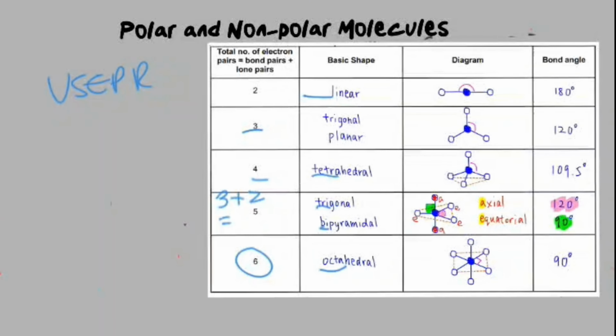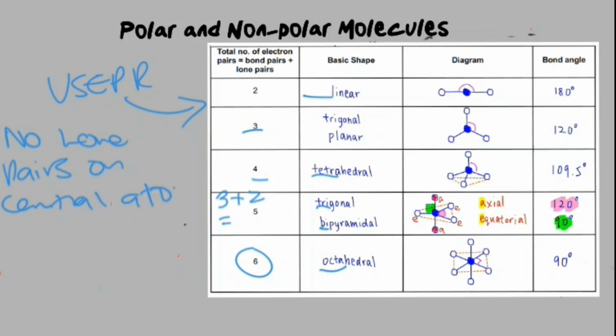The bond angle you don't really need to know, but it is in your best interest to always study and be as prepared as possible. But this is the VSEPR theory in summary, and these are the ideal shapes. You need to know names, you need to know the general formula, and you need to have an understanding of the fact that everything on this table has no lone pairs on the central atom.